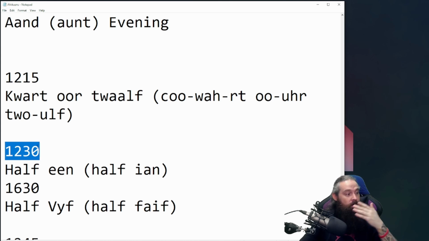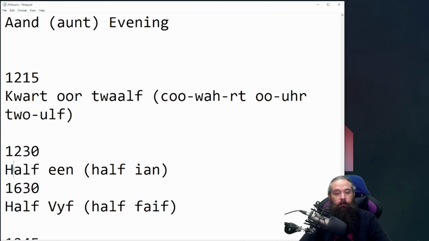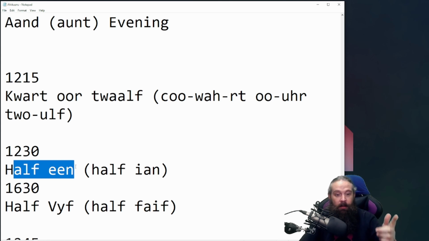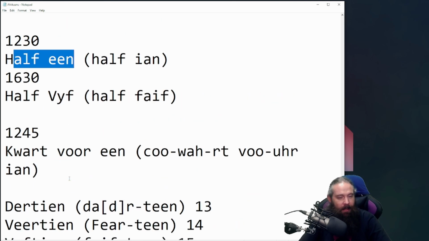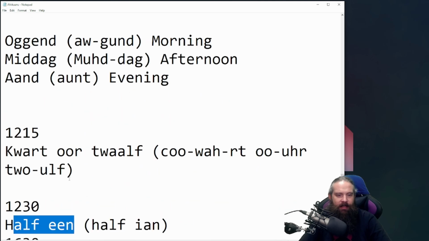If you tell your average Afrikaans speaking person to translate 12:30, they're going to say 1:30. If you ask them on the spot, translate it quickly, they're going to say 1:30 instead of 12:30, you know? So that is one of the things with the time, and it works exactly the same.